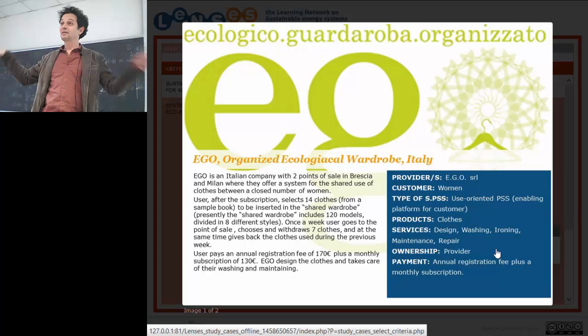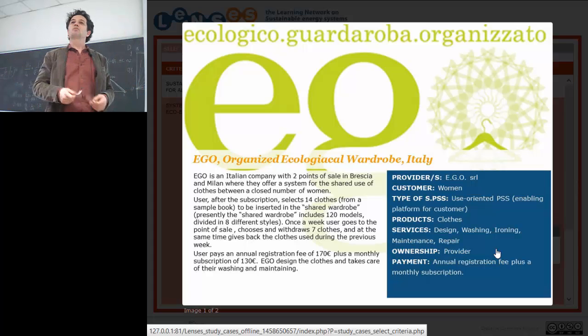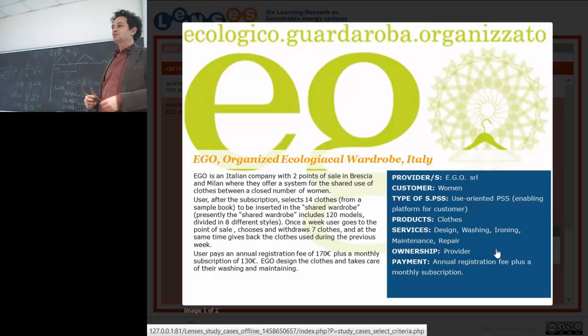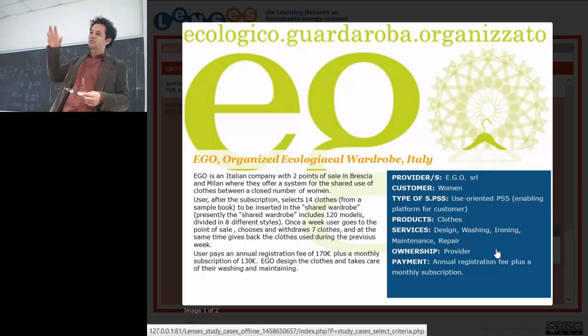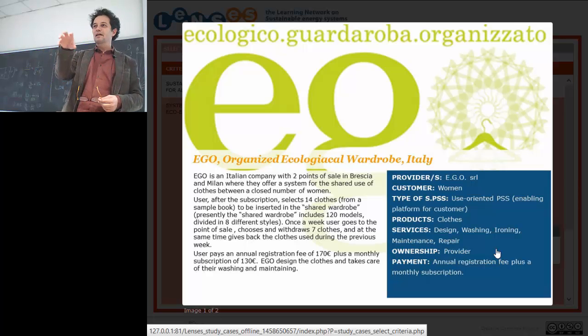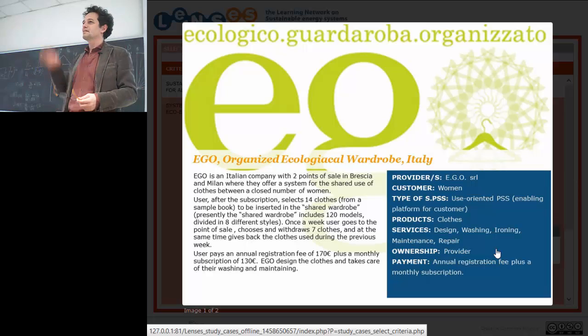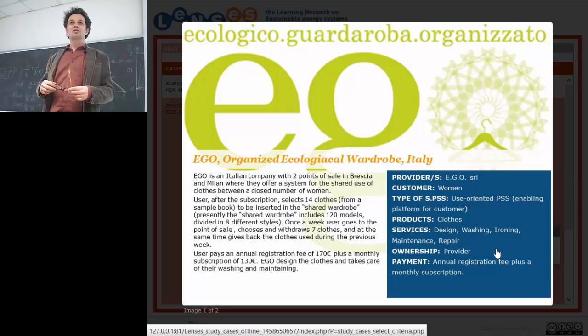You will be sharing with others. After one week, you go back to the place and you return 7 clothes that are dirty, that maybe need to be repaired or something like this, and you take other 7 clothes, and so on. And so the system goes on.